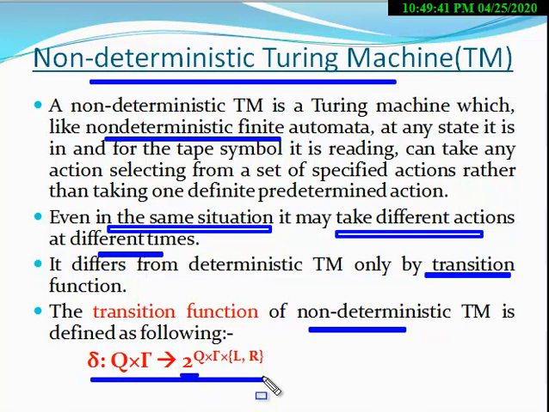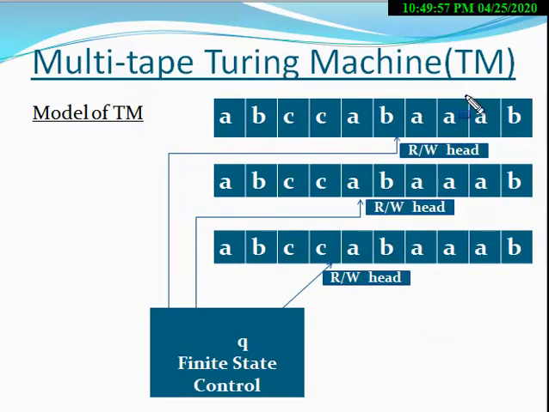Okay. Now let us come to the next type of Turing machine. The second type of Turing machine is a multi-tape Turing machine. This type of Turing machine differs from the deterministic Turing machine and non-deterministic Turing machine in the number of tapes.